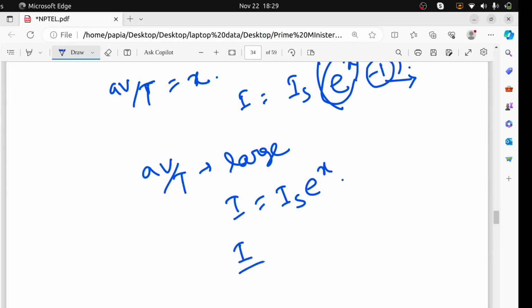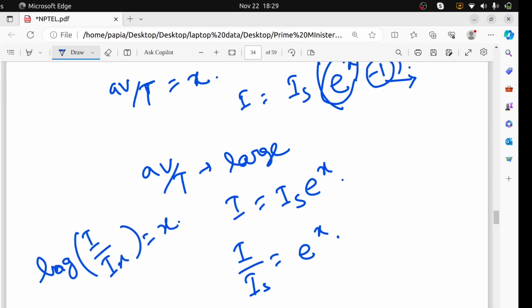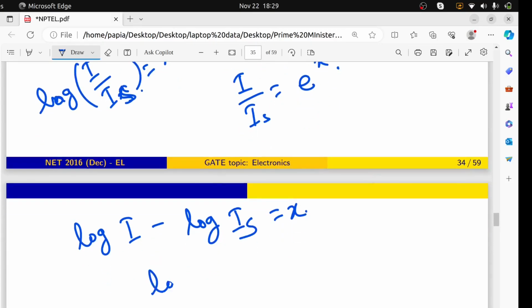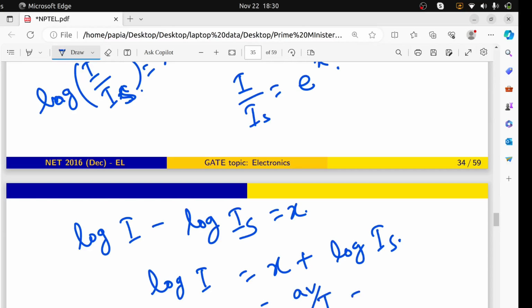So I by Is will be e to the power x, then log of I by Is will be x, right? So I can write log of I minus log of Is equals x. Then log of I can be written as x plus log of Is. So x was AV by T, plus log Is.